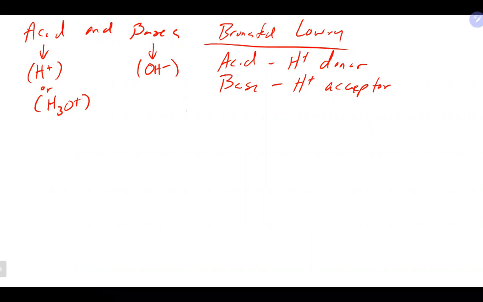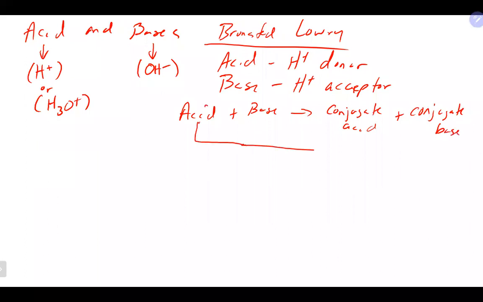So really we have an acid and a base, and on the other side it will form a conjugate acid and a conjugate base. The acid on one side is related to the conjugate base on the other, and the base on one side is related to the conjugate acid on the other.